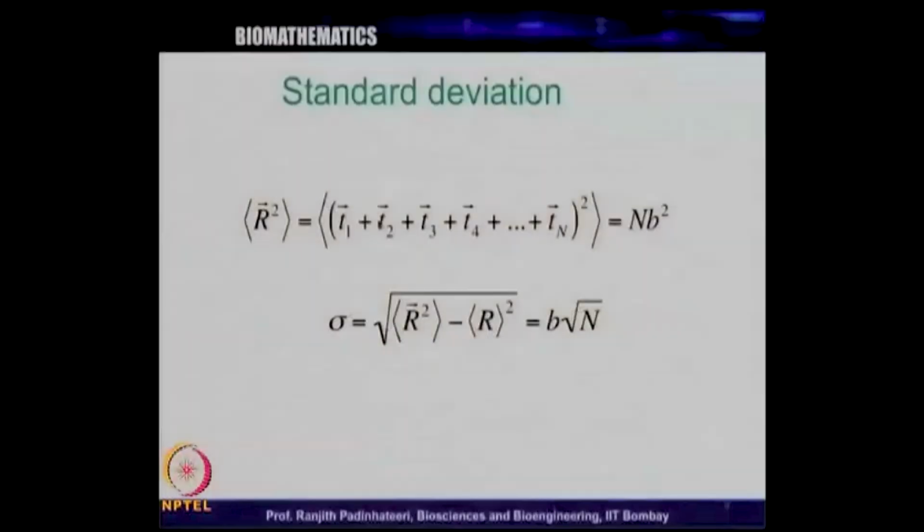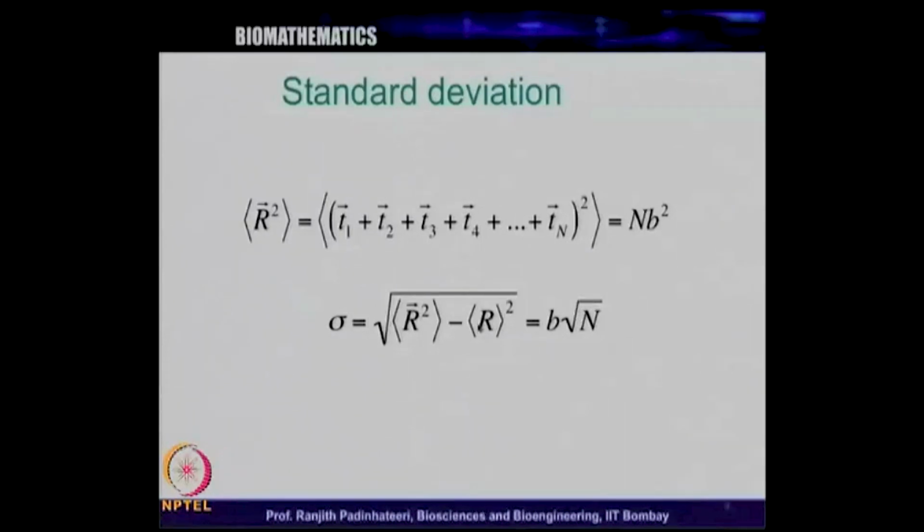So, look here. The R square average is n b square, and if you look at the standard deviation, which is root of R square average minus R average square, you will find b times square root of n. So, what did we find?